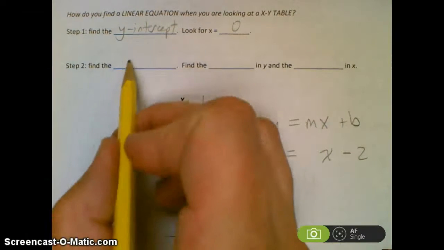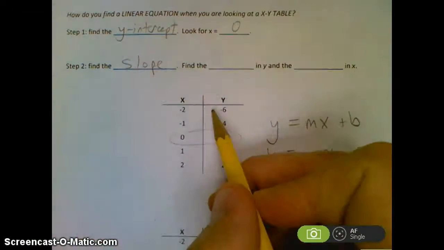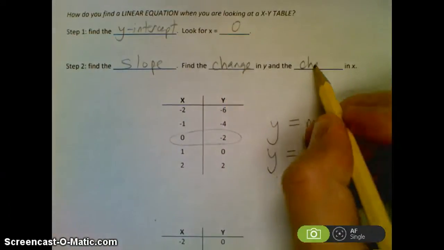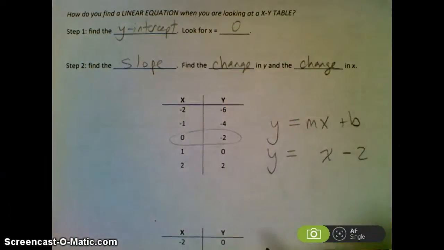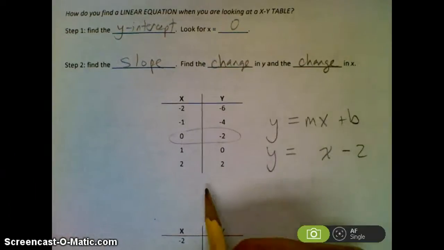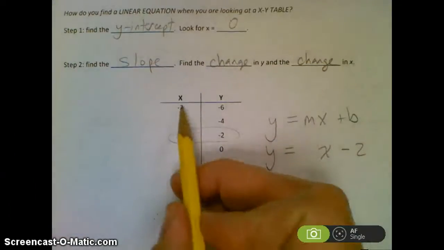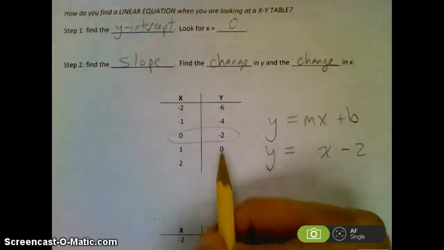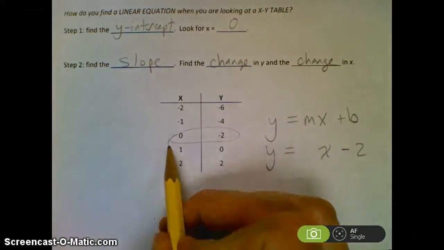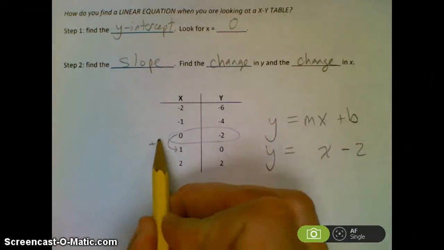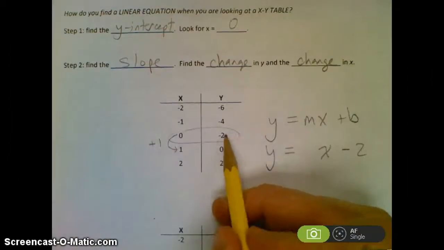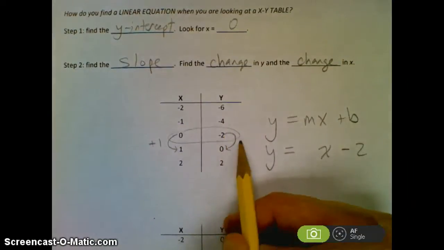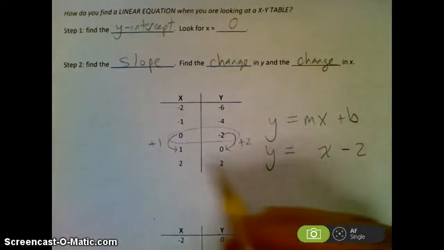Next, we've got to find the slope. So what we want to do is find the change in y and the change in x from one point to the next. So that's easy. Let's just go from 0, -2 to 1 and 0. So from this point to that, x changes by +1, and y changes by +2.